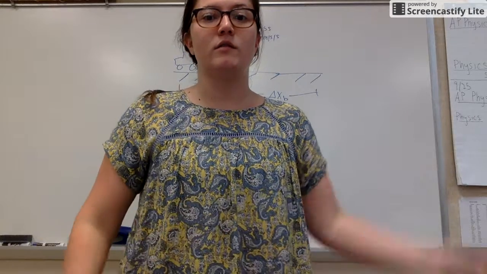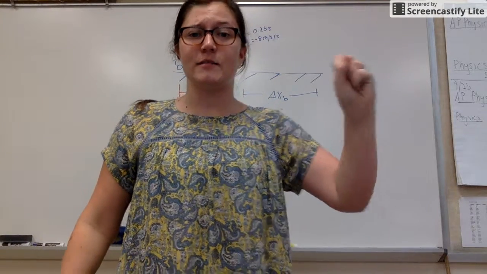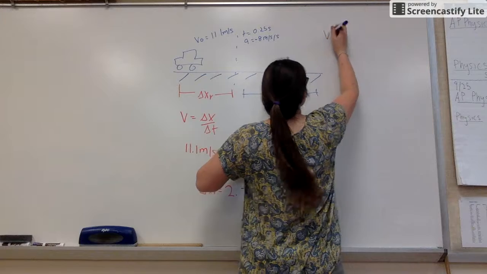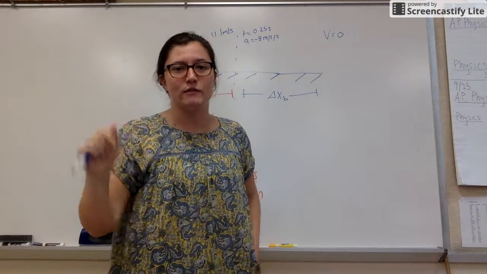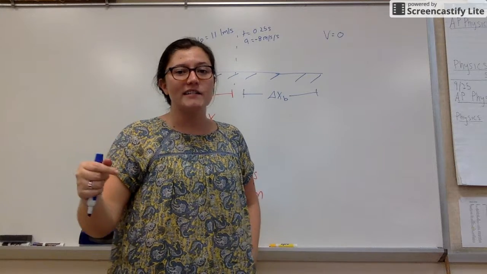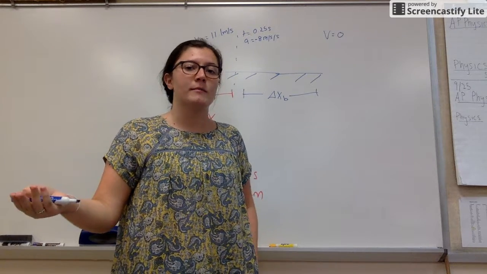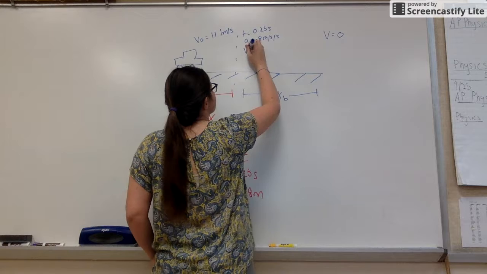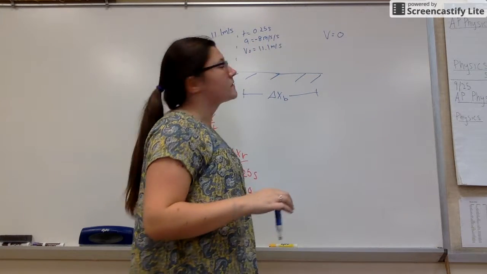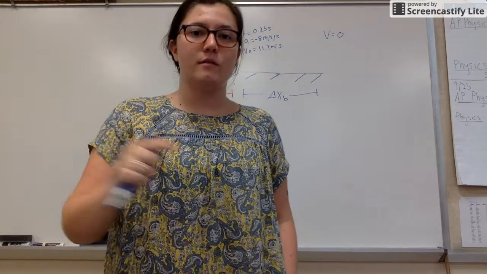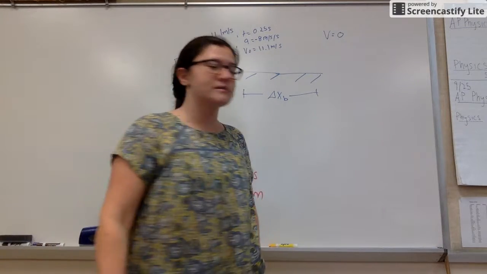Because we want to stop, we know that our final velocity is going to be 0. We can assume that our initial velocity at t equals 0.25 seconds is v naught, 11.1 meters per second.